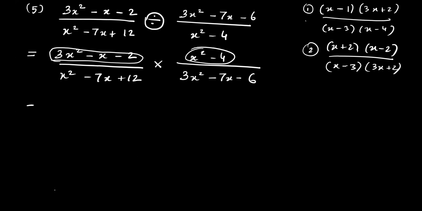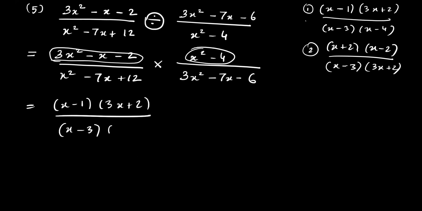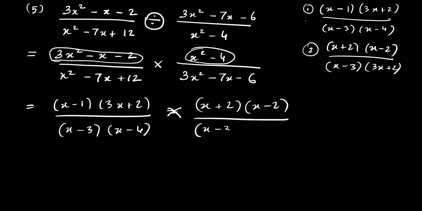Okay, so in its place we'll write the top part, that is x minus 1 into 3x plus 2. Then in the denominator we'll write x minus 3 and x minus 4, into x plus 2 and x minus 2, and here we'll write x minus 3 and 3x plus 2.